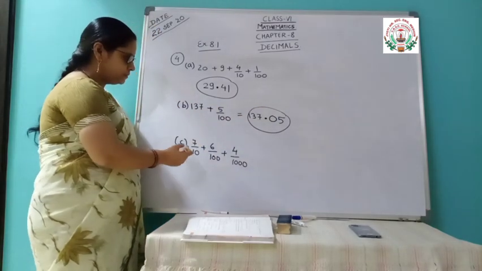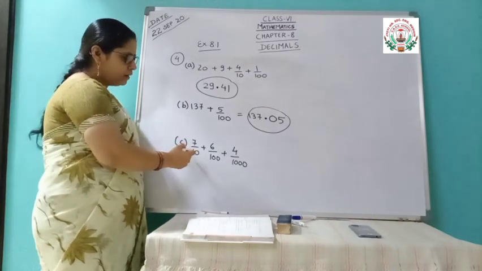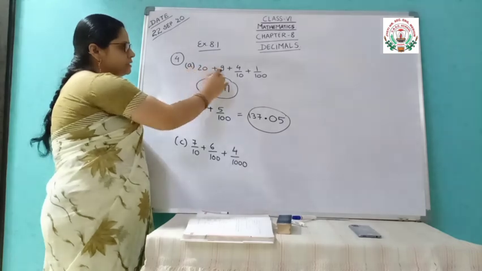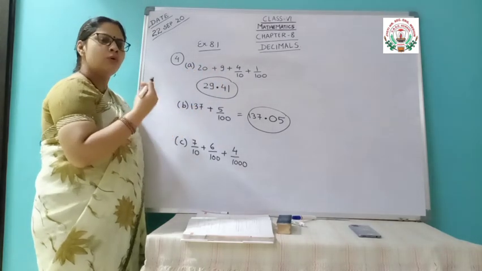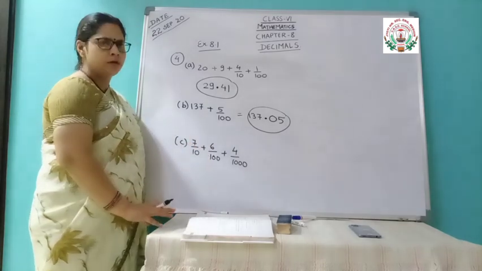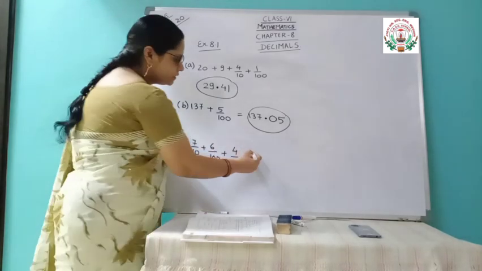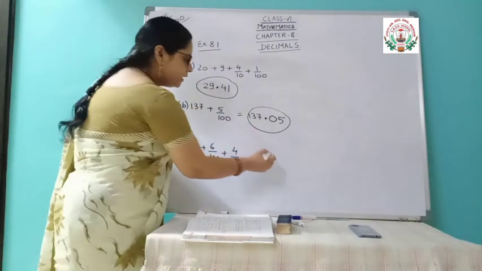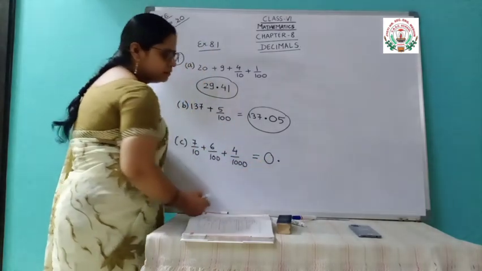Now the next, the C part. Here all the numbers are by 10, by 100, by 1000. Nothing like a whole number part is given. Only the decimal part is given. So nothing is given for the whole number part, so 0 for the whole number part. Directly the decimal is starting.